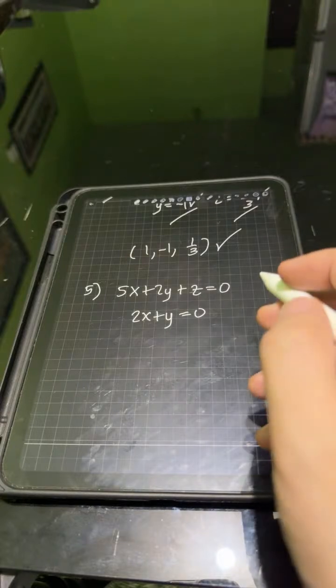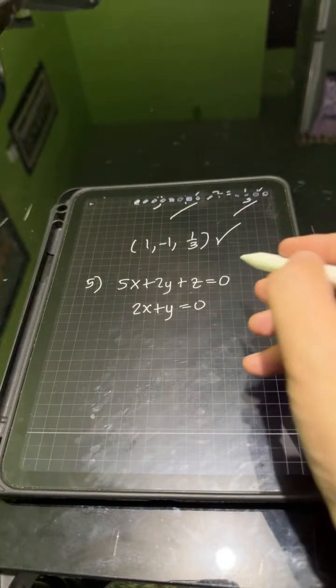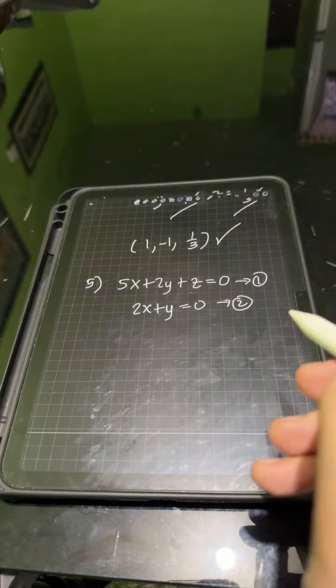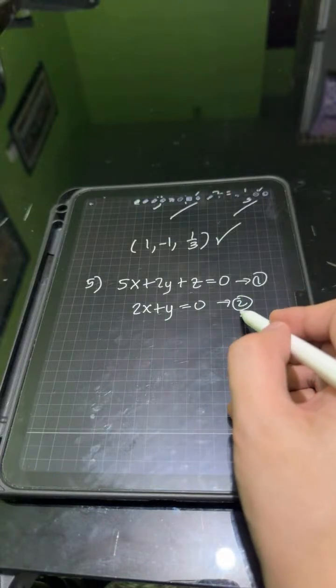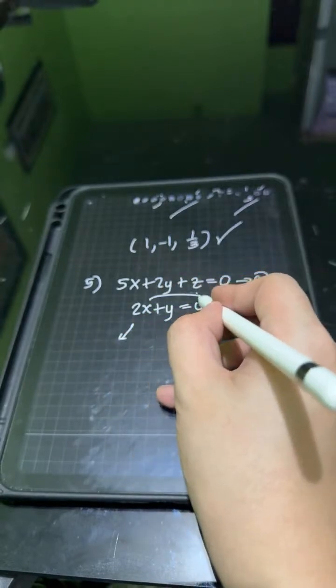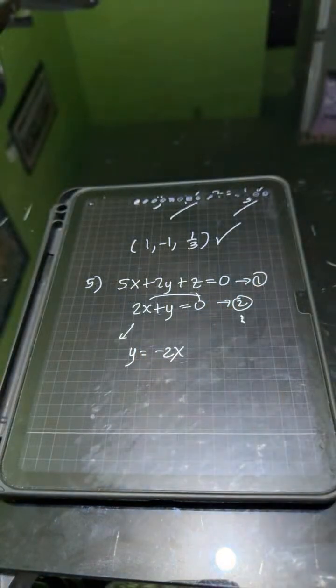So to solve for the parametric set of solutions here, let's name this equation 1 and this equation 2. We try to solve equation 2 for y in terms of x. Transposing 2x to the right, y is equal to negative 2x.